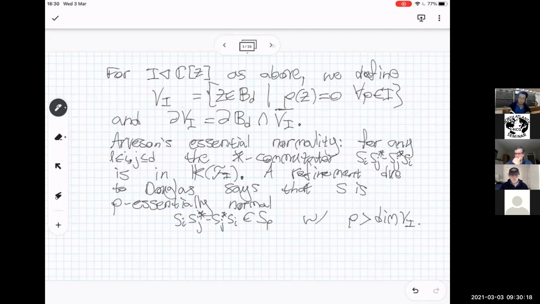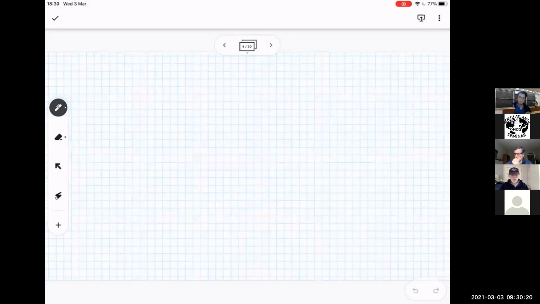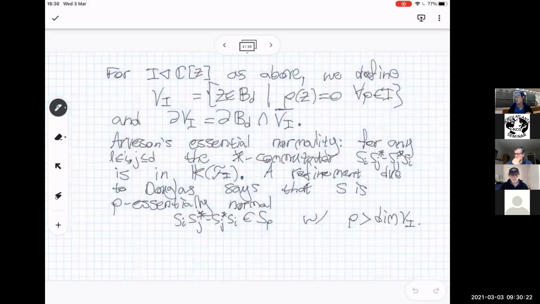Okay. What is the Hilbert space on which all this is happening? This is happening all on F_I. F_I is a subspace of H^2_d. Okay, it's the orthocomplement of I times H^2_d. Does that make sense? Is it a Hilbert space? Yes, F_I is a Hilbert space.